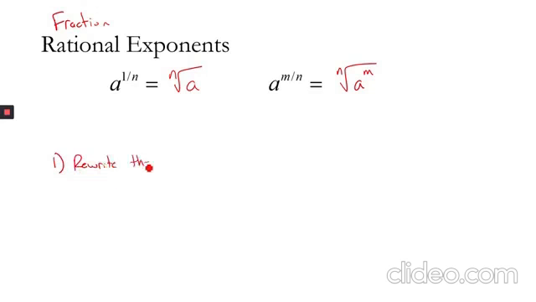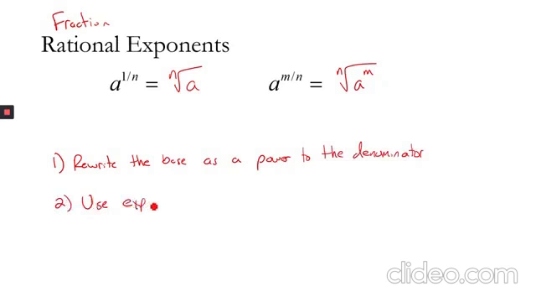We're going to rewrite the base as a power to the denominator. And then second, we're going to use our exponent rules to simplify.